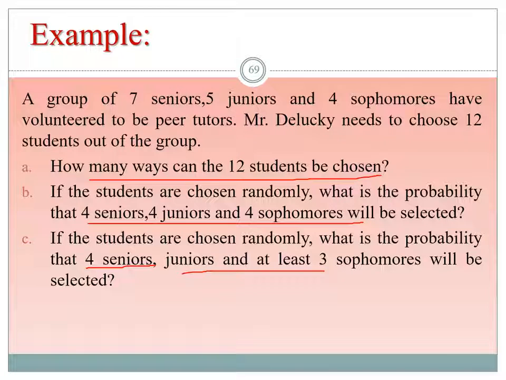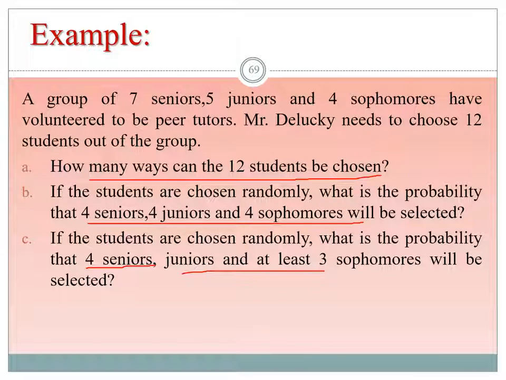If you consider 4 sophomores, juniors are also 4. If you consider 3 sophomores, the juniors are 5. So the denominator is exactly the same as the previous one, 16C12, and for the numerator you calculate first 7C4 times 5C5 times 4C3, plus 7C4 times 5C4 times 4C4. So that's the probability.